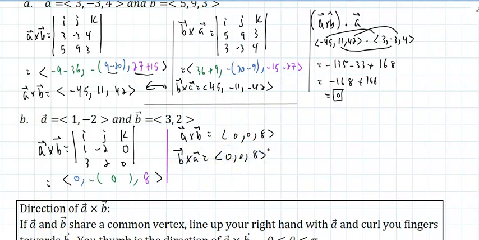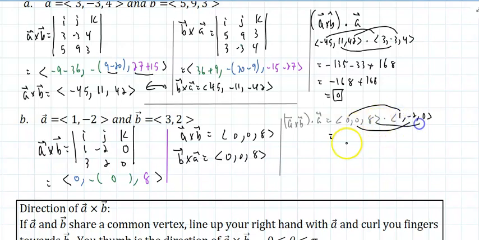And I could take A cross B and dot that with A. Any time throughout this class you're given 2 dimensions of a vector, you could make it 3 by adding the 0 for the missing component. And I notice that's 0 plus 0 plus 0, which is 0.